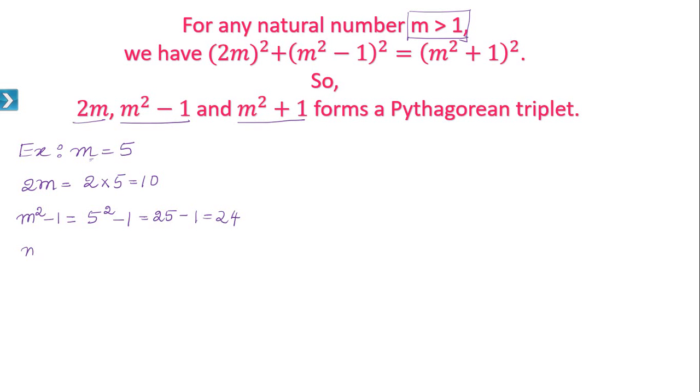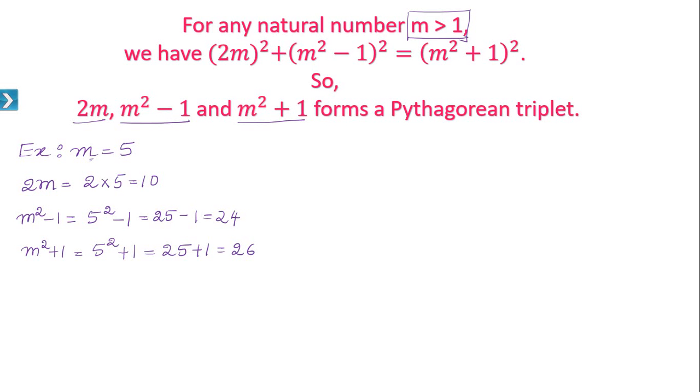And m square plus 1, that is 5 square plus 1, is equal to 25 plus 1, which is equal to 26.